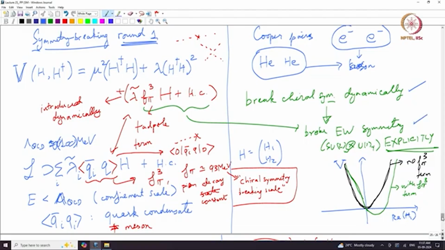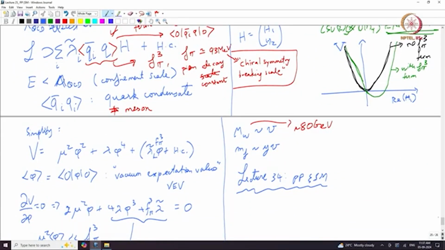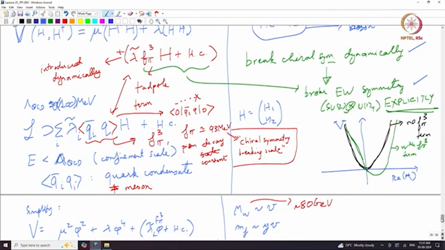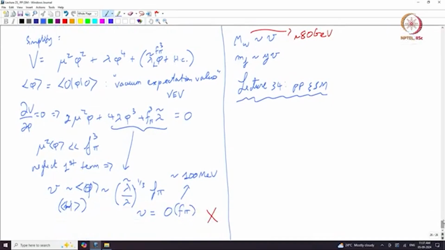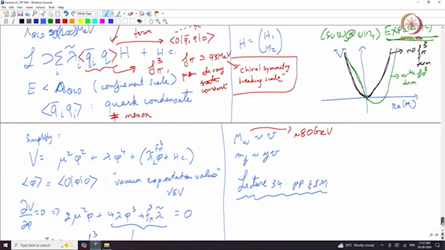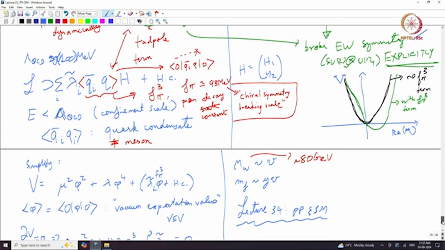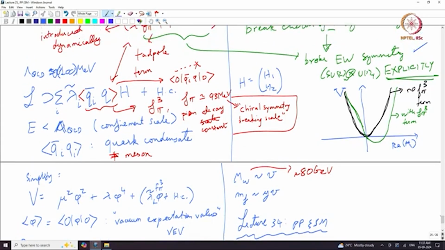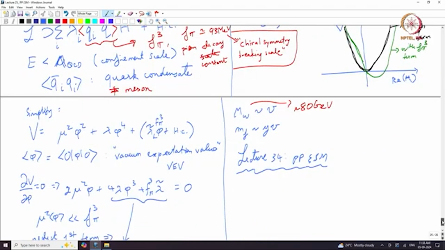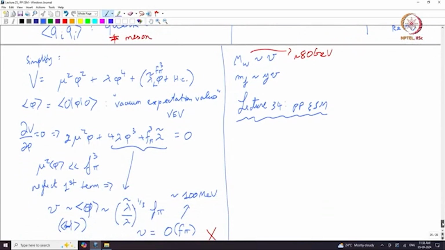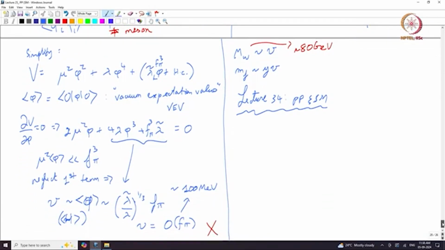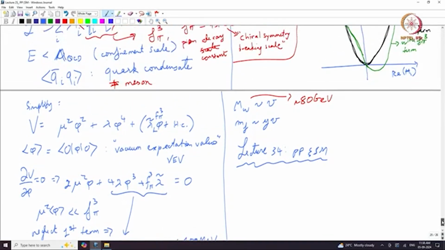This we saw in the potential itself, which I am drawing for one component of the Higgs doublet field, and we wanted to calculate what the expectation value of the field is at the minimum, also known as the vacuum expectation value. All you need to do is find where the minimum is, and we are doing it in a simplified way, taking only 1 degree of freedom from among the 4.